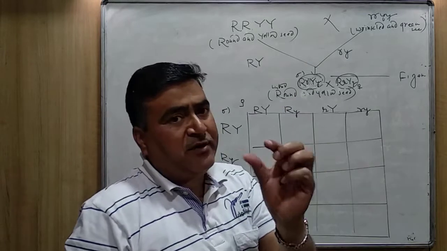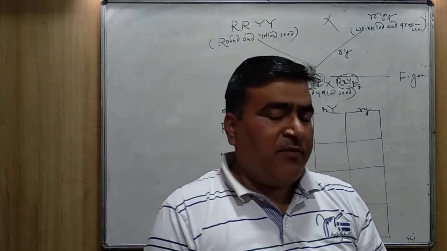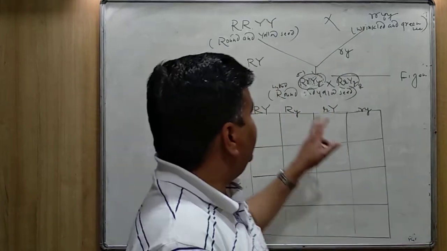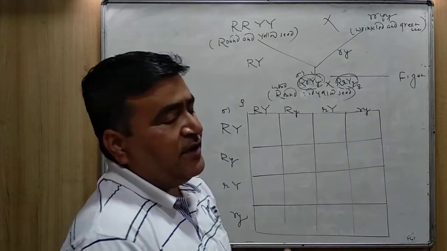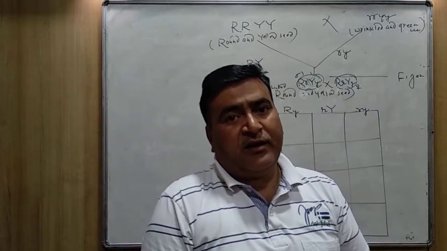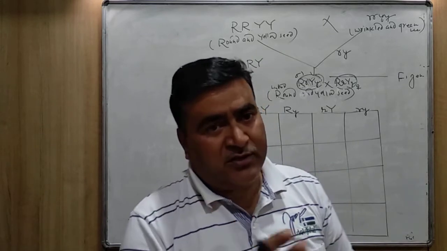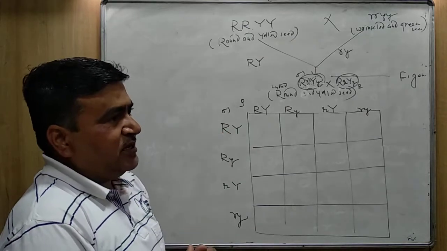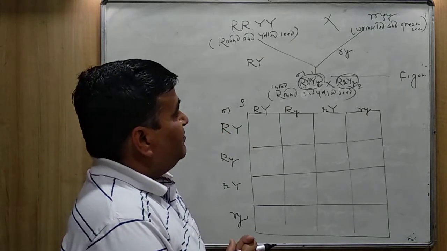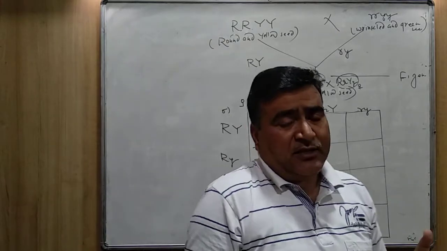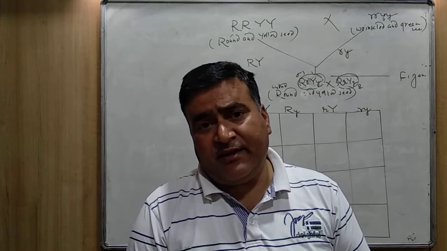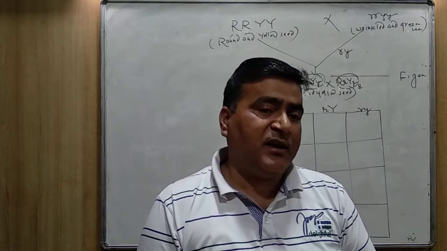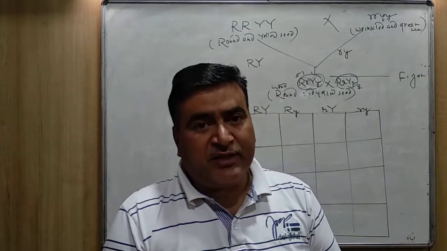It means a particular pollen grain will have a single allele out of two. From these two R, the pollen grain will receive only one allele, not both. That's why in the pollen grain you can't see RR or YY. Actually this is because of the law of segregation, that both the alleles of a particular character are segregated from each other during the gamete formation.